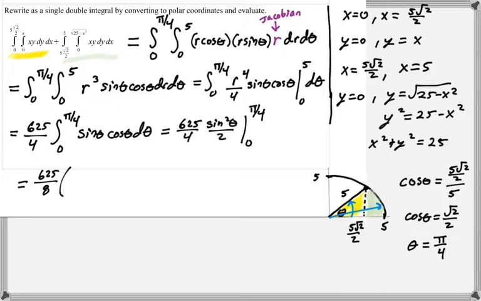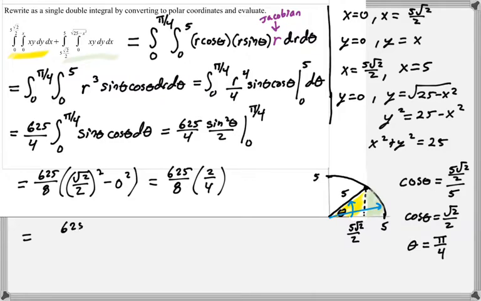And then sine squared of pi over 4. Sine of pi over 4 is root 2 over 2, so root 2 over 2 squared. And then sine of 0 is 0, so 0 squared. So 625 over 8, and then root 2 over 2 squared is going to be half. And so that's going to give us 625 over 16.